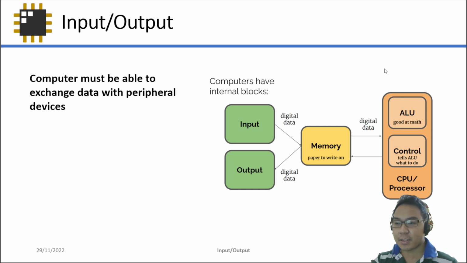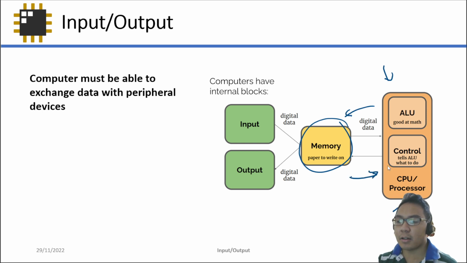We had the single cycle processor and the multi cycle processors, so we already know what happens in there. We know about memory because that's what we discussed in the last module with the cache memory, and we know how the CPU and the memory exchange data.